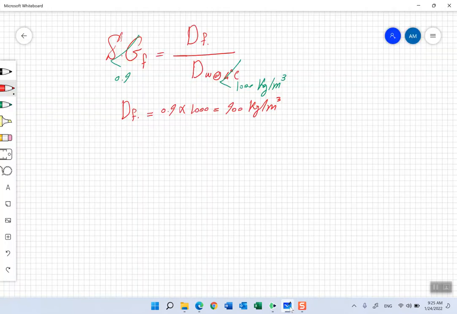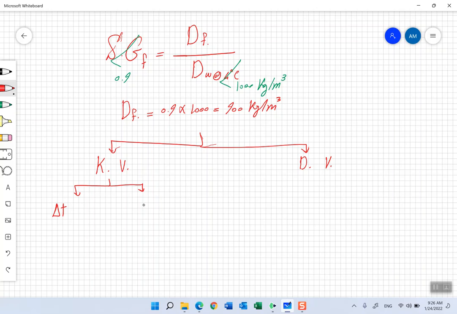So knowing that there are two types of viscosities, we have the kinematic viscosity and the dynamic viscosity. We know that the kinematic viscosity can be calculated using two measurements. The first one is the time, delta T, and the constant C. Okay, what about the dynamic viscosity?